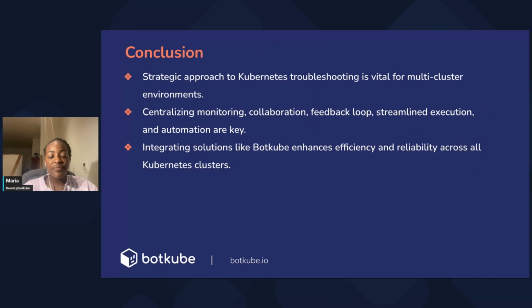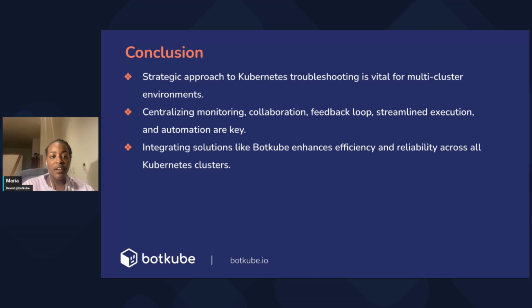So in conclusion, a strategic approach to Kubernetes troubleshooting is vital for multi-cluster environments. And as we know, complexity and scale is becoming more and more important as we go on. So it's very important to have a very calculated and targeted approach to Kubernetes troubleshooting and not just an ad hoc way of dealing with errors.